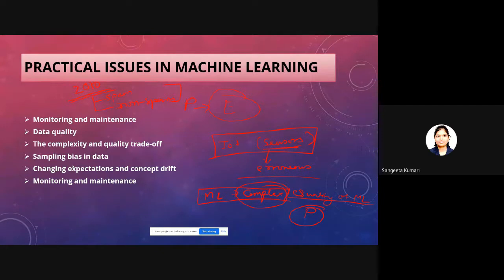And this is the fifth point mentioned here, changing expectations and concept drift, which is pretty much related to its previous point, right? Machine learning, as I told, should work in different types of scenarios.